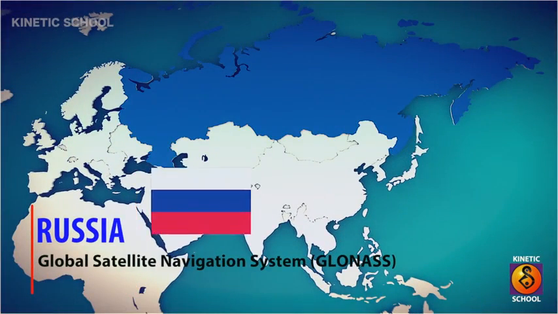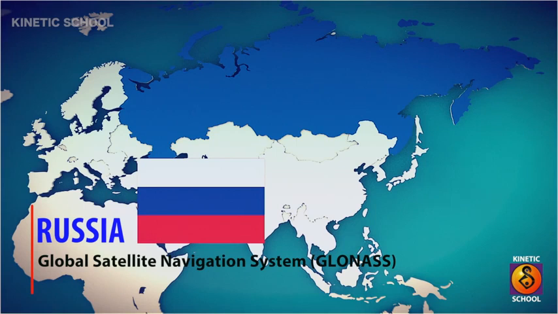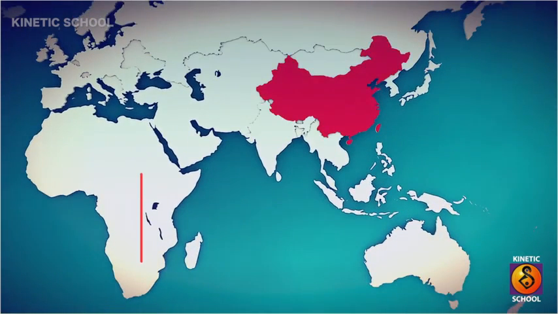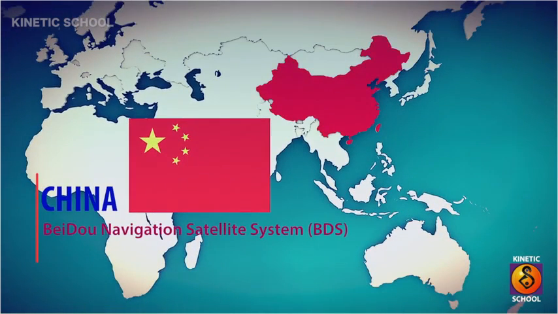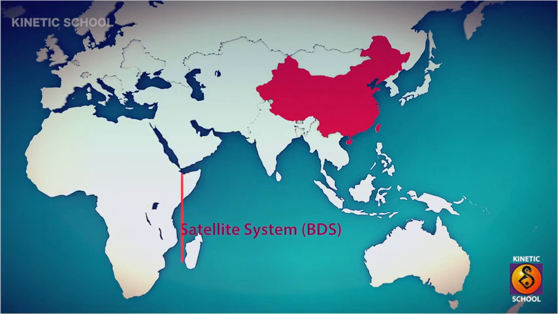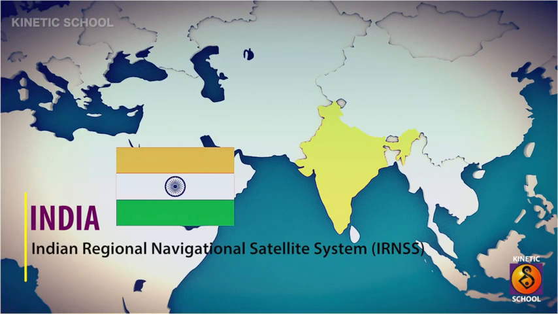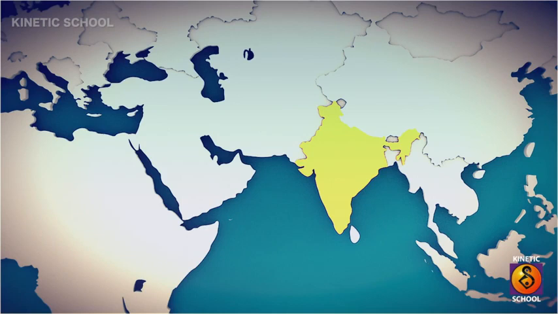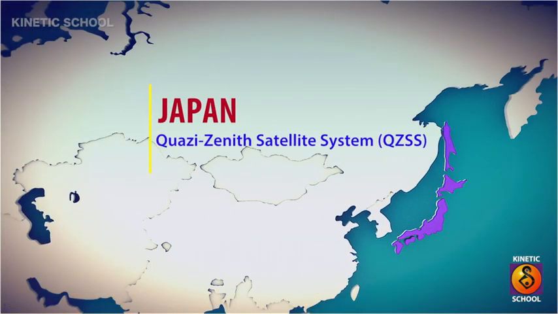Russia also has its own satellite system, called the Russian Global Navigation Satellite System or GLONASS. In China, there is the Beidou Navigation Satellite System, which will consist of more than 30 satellites. There is the Indian Regional Navigation Satellite System or IRNSS in India. Lastly, the Quasi-Zenith Satellite System or QZSS is Japan's satellite system, which is similar to GPS satellites with some slight variations.